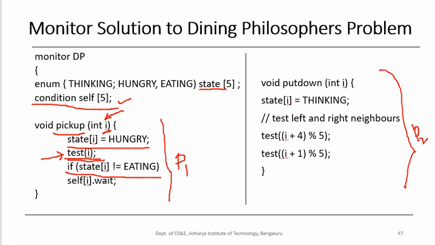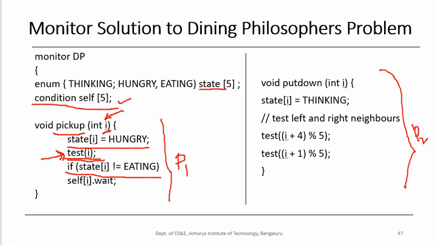Let me repeat. In the pickup, because the philosopher has shown interest to eat, I am making his state hungry, and then I test whether he could get both the chopsticks for eating. That is the information I get from this test. After that, I check the state of the philosopher.